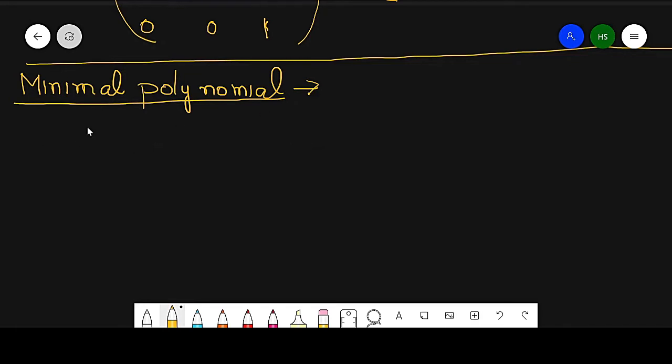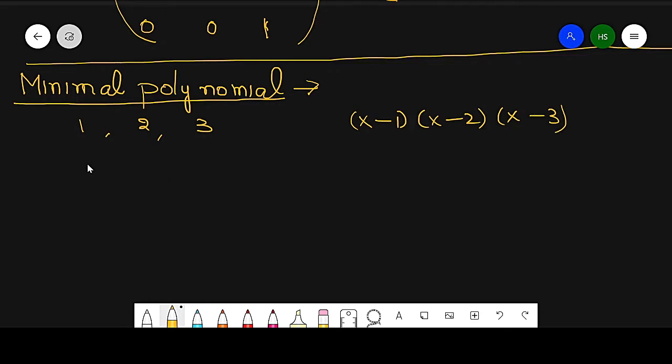Suppose we have a polynomial with roots 1, 2 and 3. Then its minimal polynomial is (x - 1)(x - 2)(x - 3). That is the minimum polynomial which has the roots 1, 2, 3.